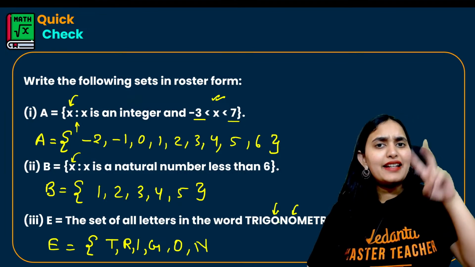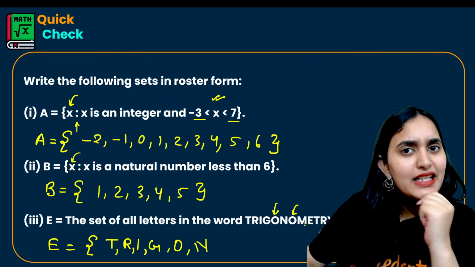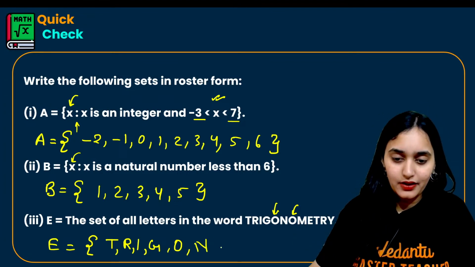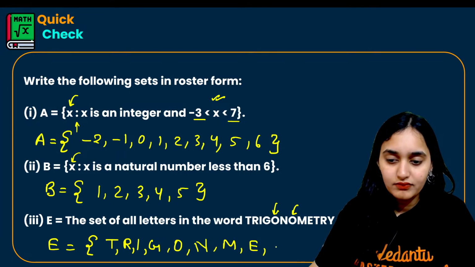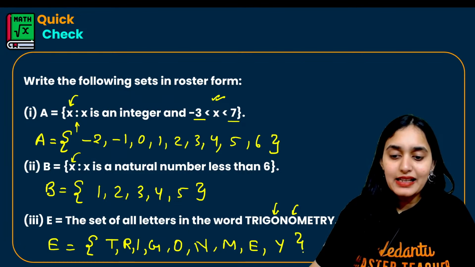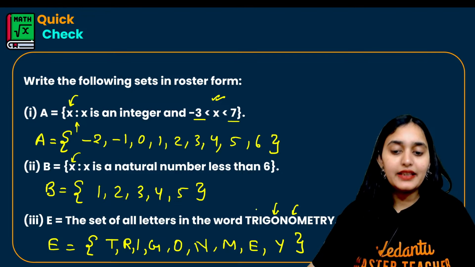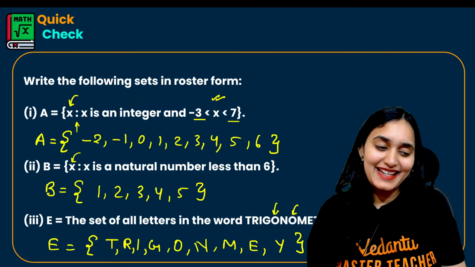So, will I write it 2 times? No, I will not write it 2 times. I will write it a single time only. Next is M, E, Y. Anything that I left? I guess no. So that is set E.